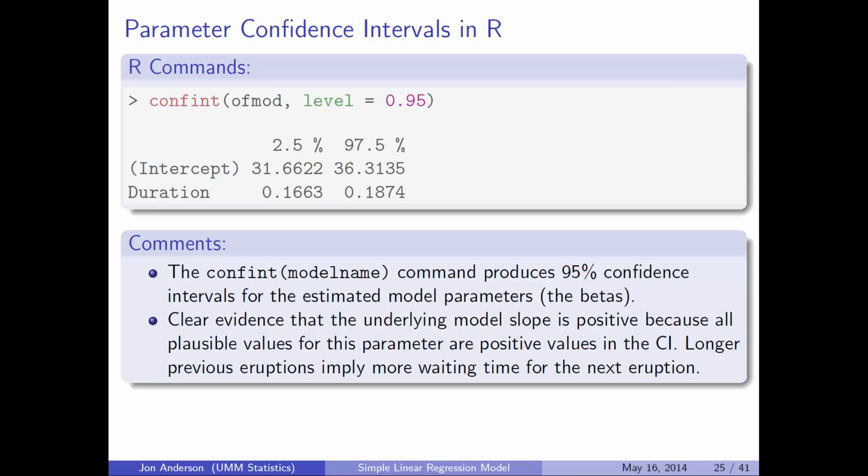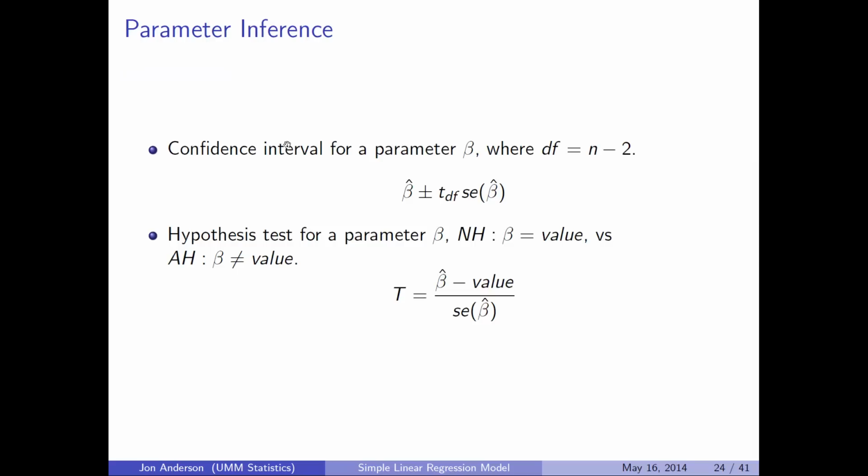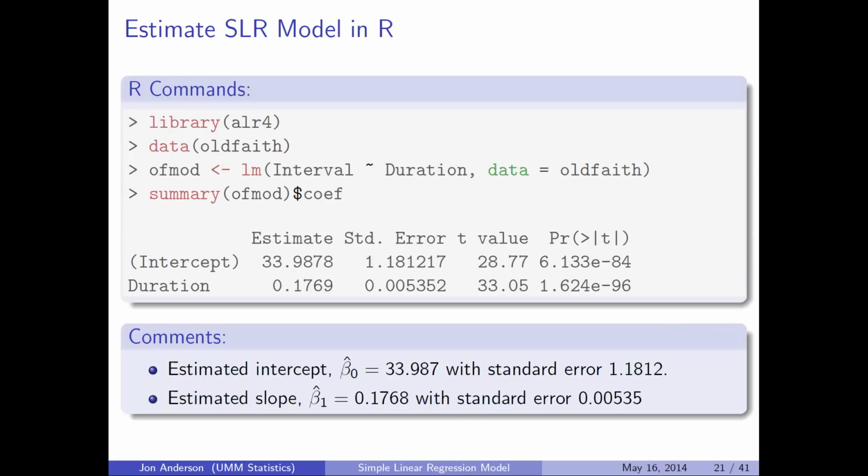Creating confidence intervals for the beta parameters is really quite easy. In R, you just use a confint command, and the argument of the confint command is just an estimated regression model that you would have created earlier, like right here, OF mod.